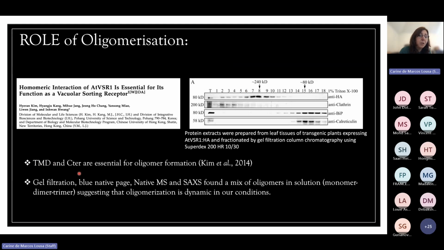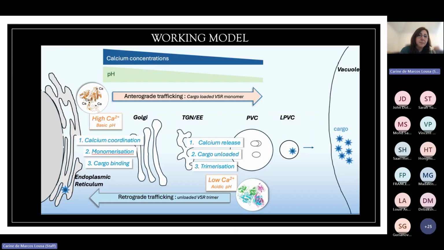In our conditions, we don't have this transmembrane domain and the C-terminal. We only have the N-terminal domain. And by doing lots of different biophysical techniques, we found a mix of oligomers. And we think that in our condition it is quite dynamic, and that's why we don't see a specific trimer in our solutions, but we are looking into that.